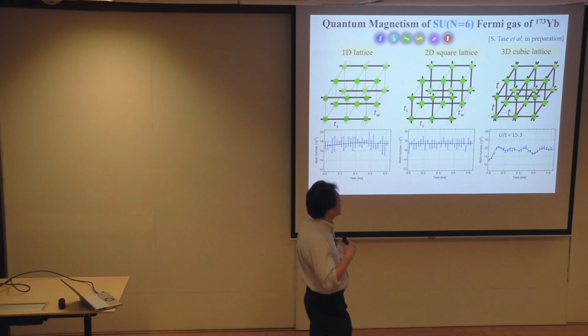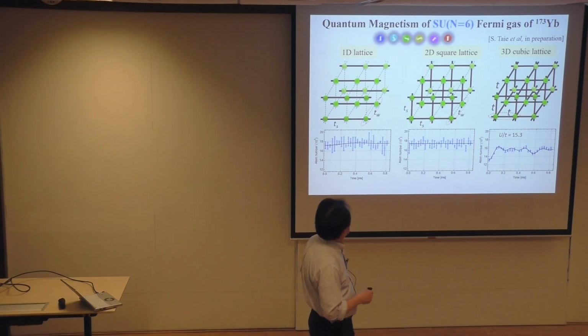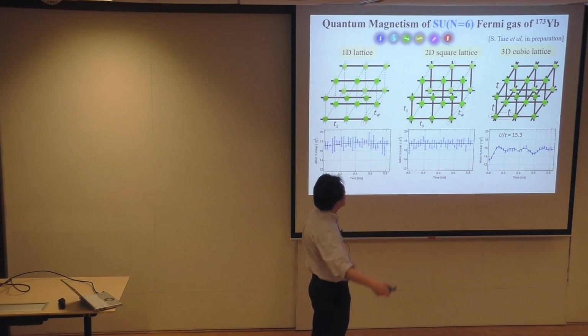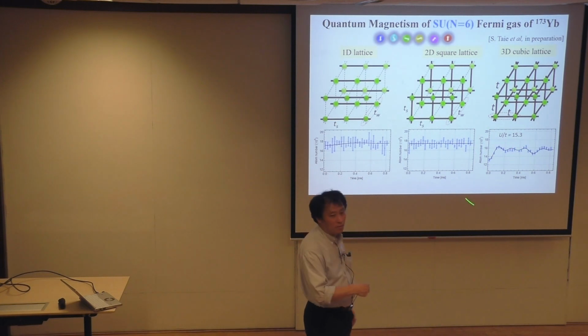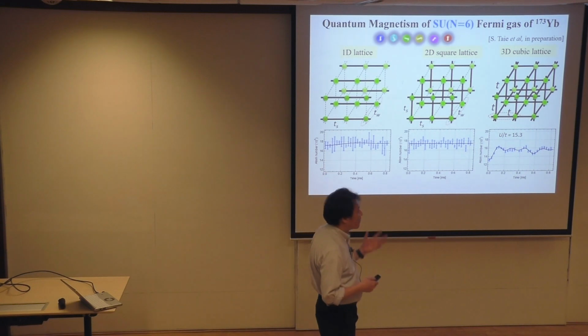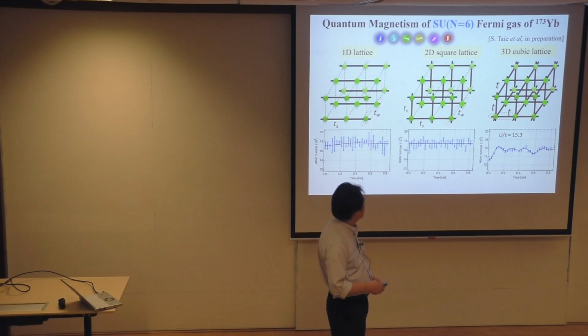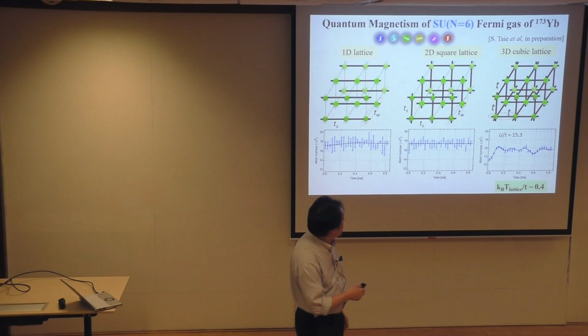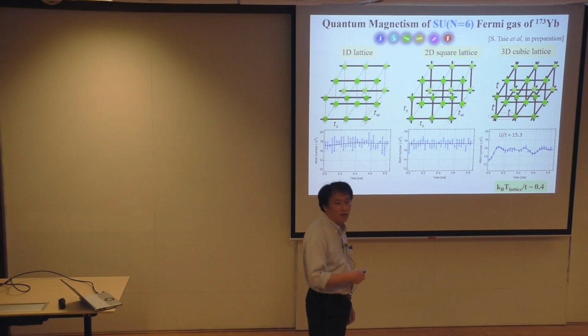And finally, we successfully observed the spin STO signal for the completely isotropic 3D cubic lattice configuration like this. A rough estimate of the temperature of the atoms in this 3D cubic lattice gives about 40% of the hopping energy.